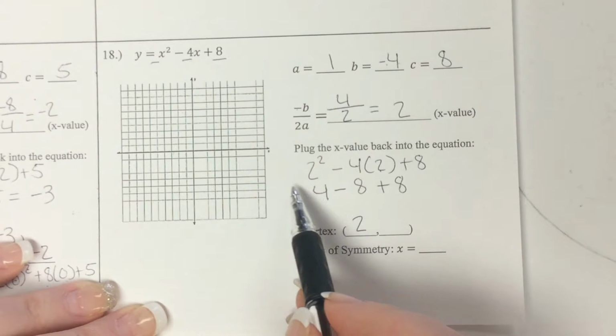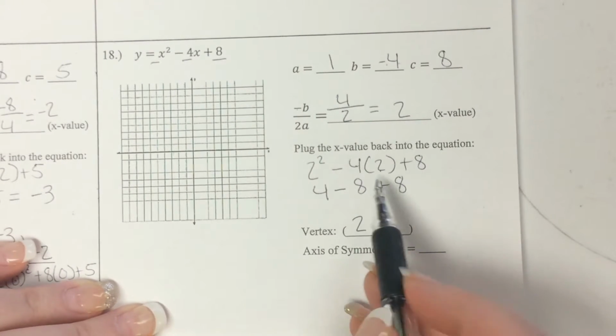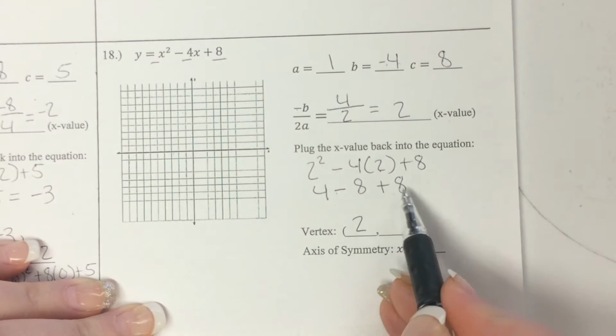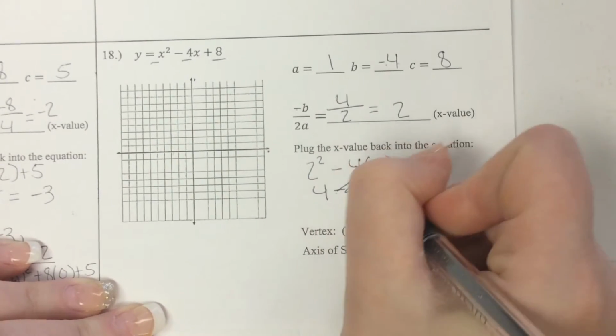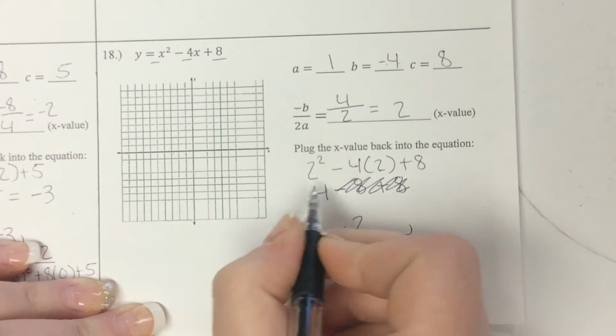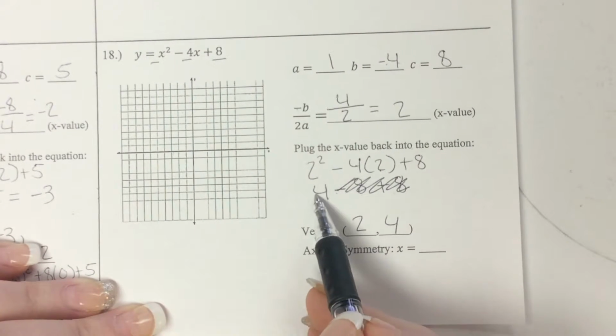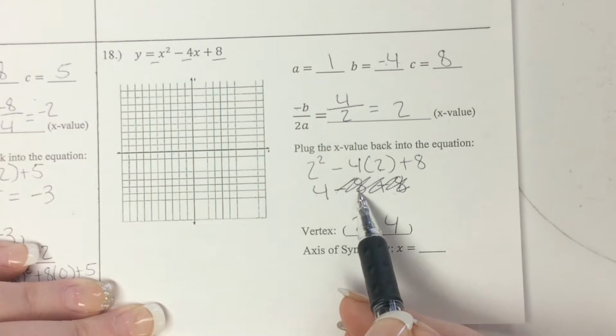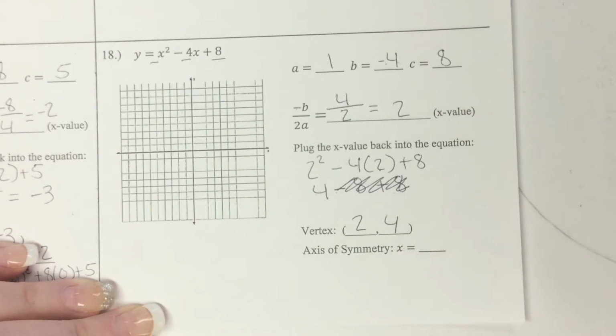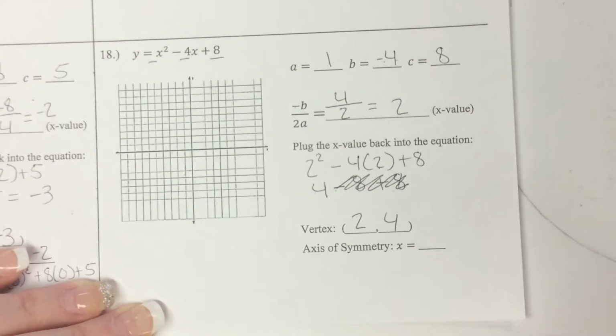So you can do this math just from left to right, or think about it for a second. -8 plus 8, what happens there? 0. So really, we're just going to end up getting 4. And if you want to do it, we can go ahead and do it. 4 minus 8 is -4, plus 8, 4. Okay, you can do the math that way too if you'd like.